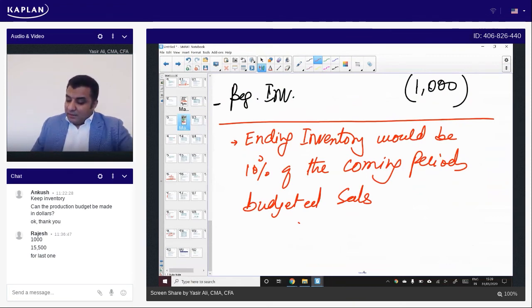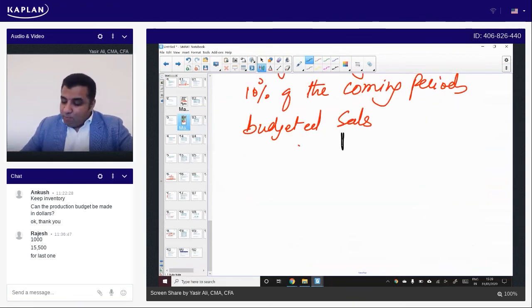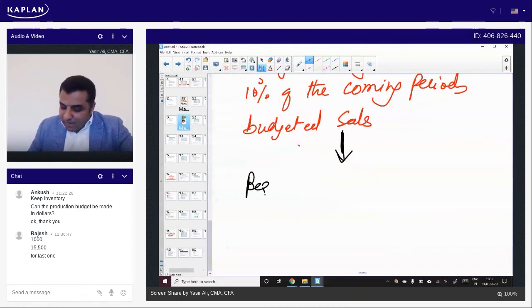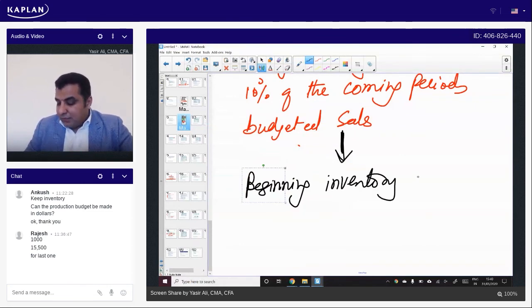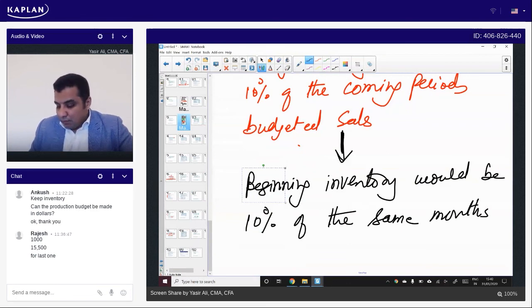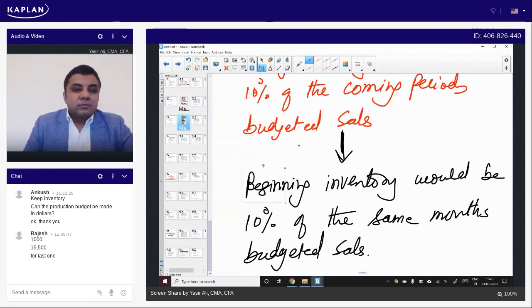But what this automatically means, we can rule for the beginning inventory, that if this is the case, then beginning inventory would be 10% of the same month's budgeted sales. Same month's budgeted sales, right? Once again, let me take you to the numbers.